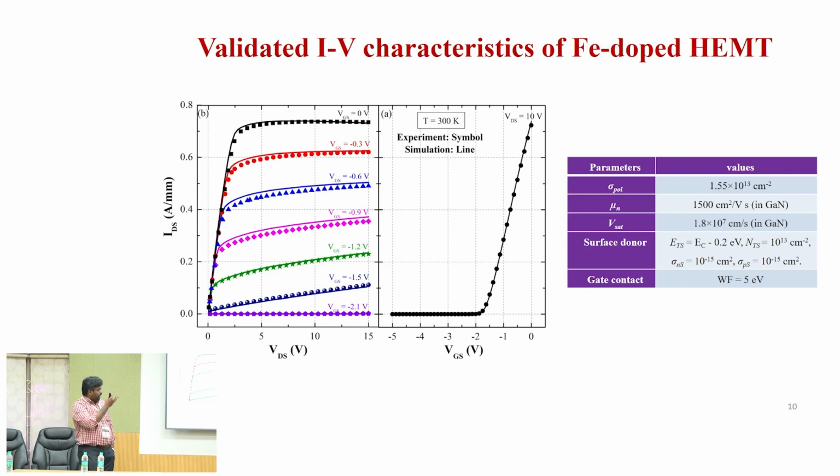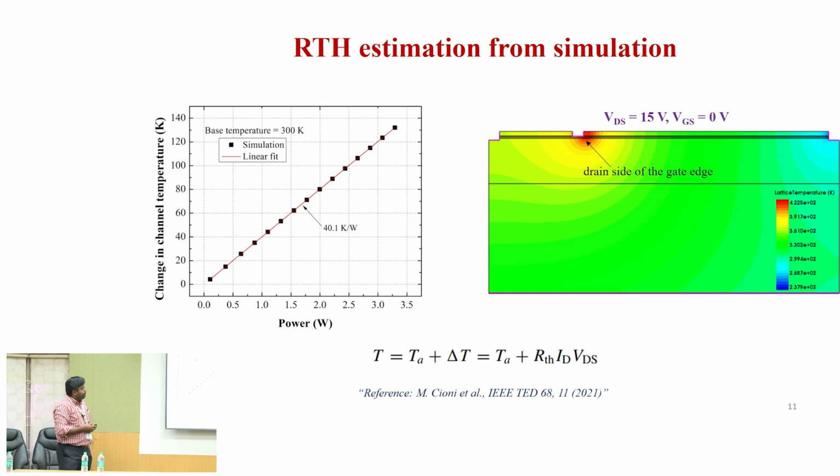Then, we validated the IV characteristics by using standard parameter adjustment and other things. Here we estimated the thermal resistance from simulation results. You can also estimate the thermal resistance by using pulsed IV measurements; I think the XLAM lab has already demonstrated that.